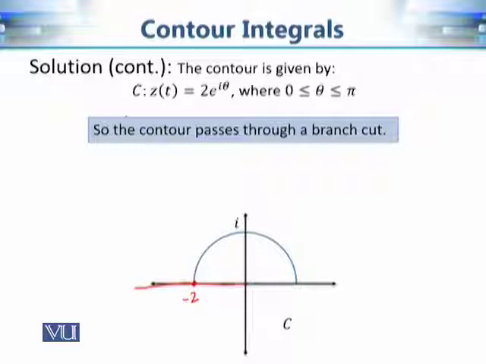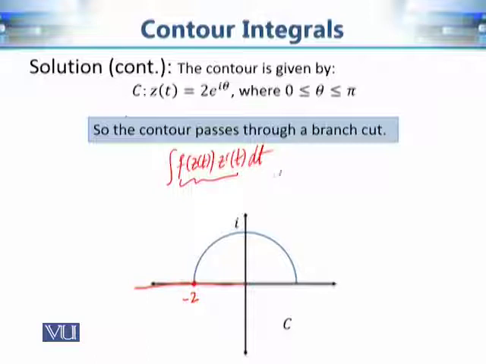So if this happens, how are we going to evaluate? Because if this integrand, f of z of t, z prime of t dt, is not piecewise continuous, then it is not possible to integrate this function.